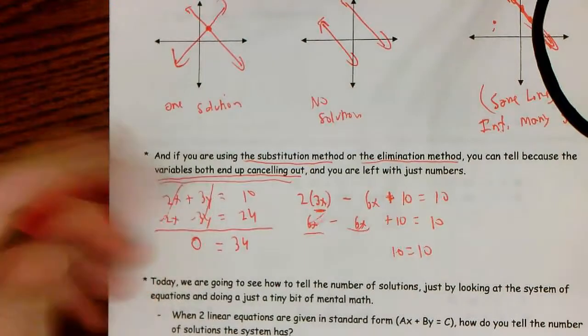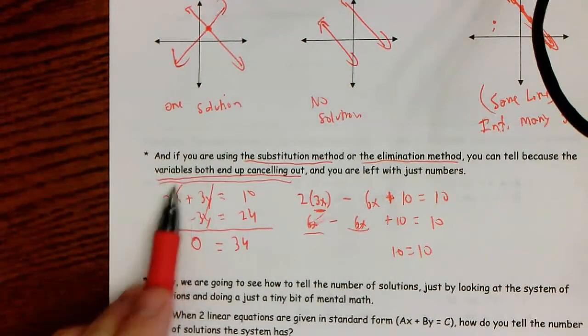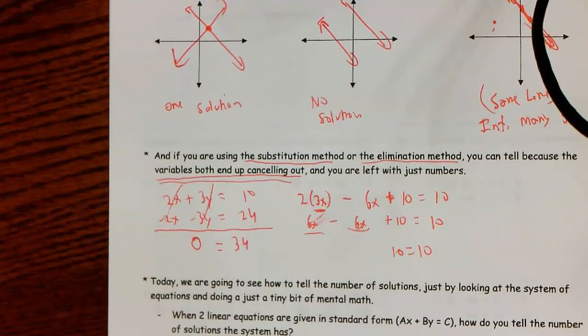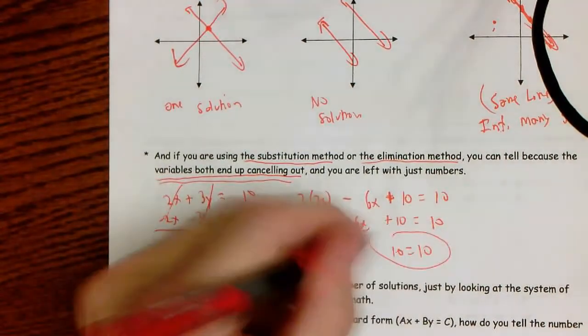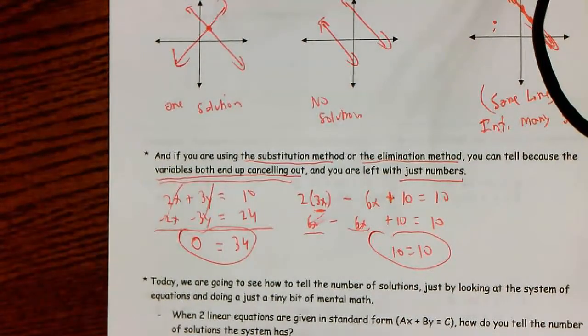Right? So in both these cases, both variables end up canceling out, and you're left with simply numbers.